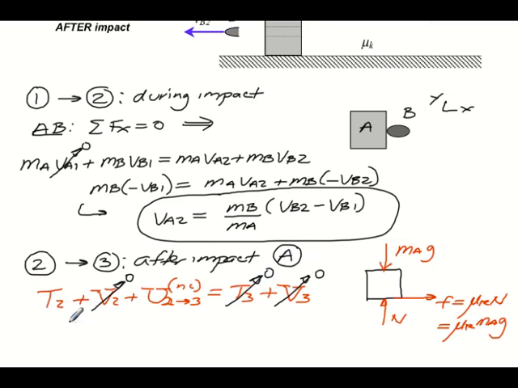So T2 is 1/2 MA VA2 squared. We just found that. The work, well, that's going to be friction force times the distance d with a negative sign in front. The negative sign is important here because this is saying that this opposes the motion.